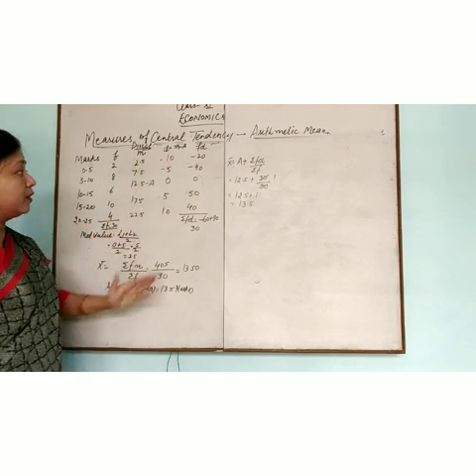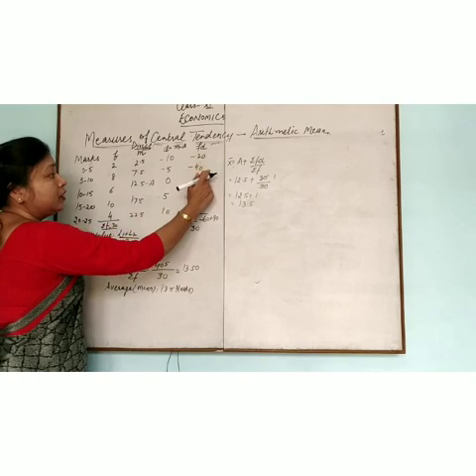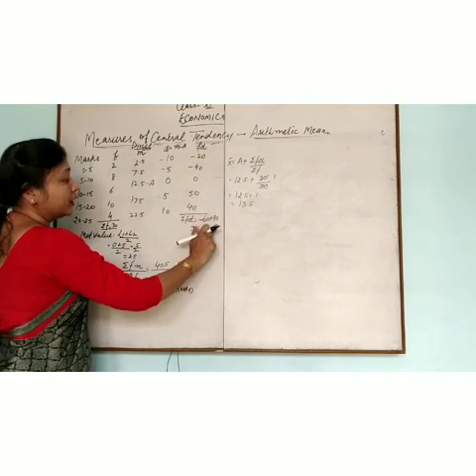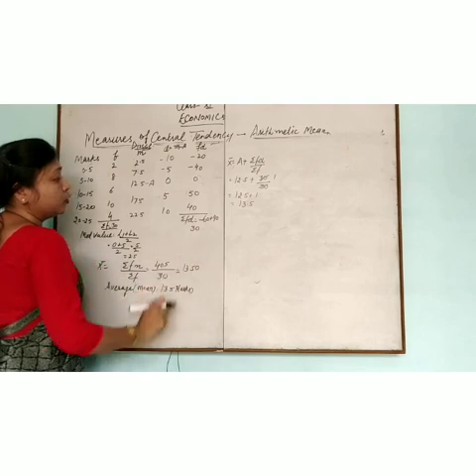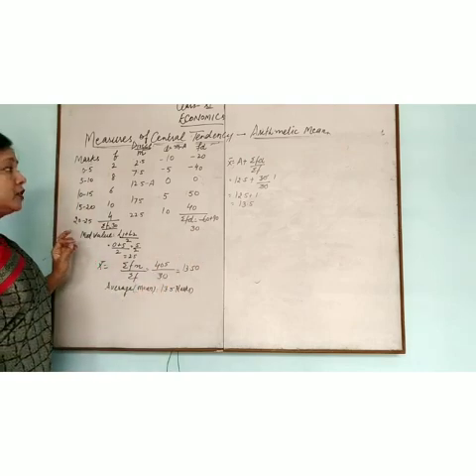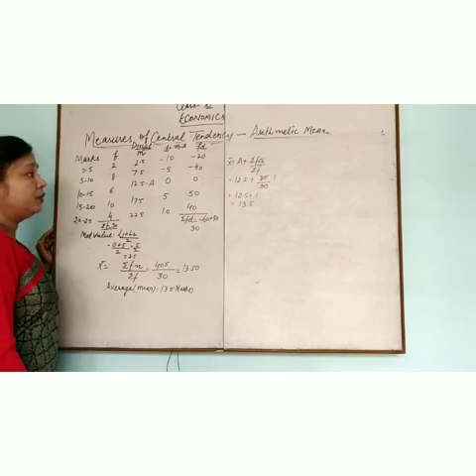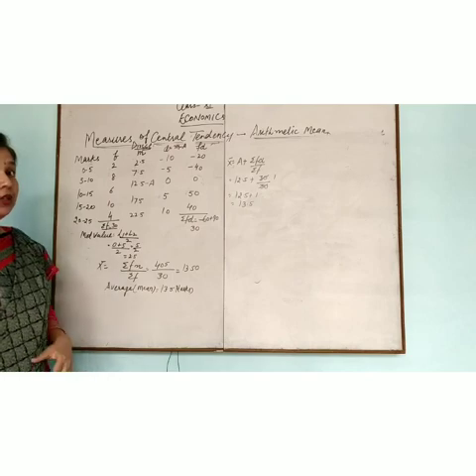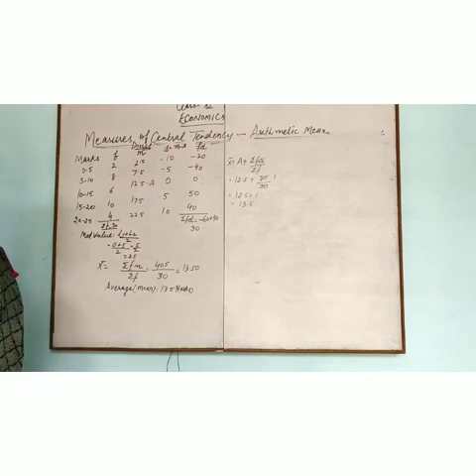Then the sum of all the values, minus 20 and minus 40, is equal to minus 60, and this gives us 30. So summation FD is equal to 30. We are using the formula x bar is equal to A plus summation FD upon summation F. 12.5 plus 30 upon 30 is equal to 13.5.